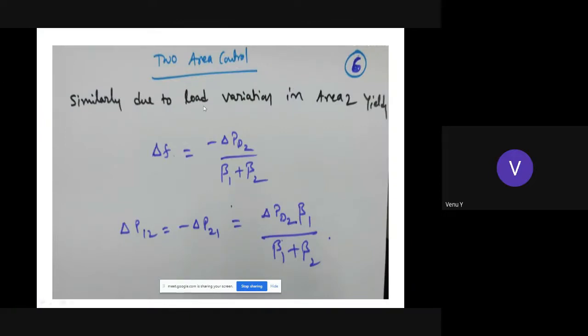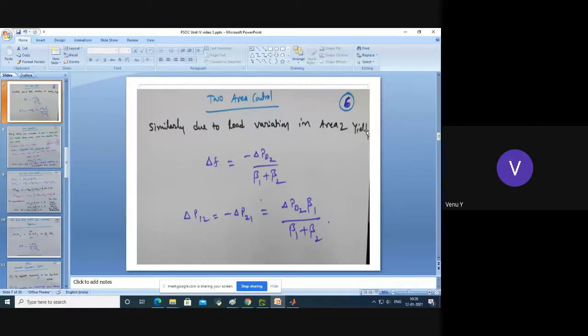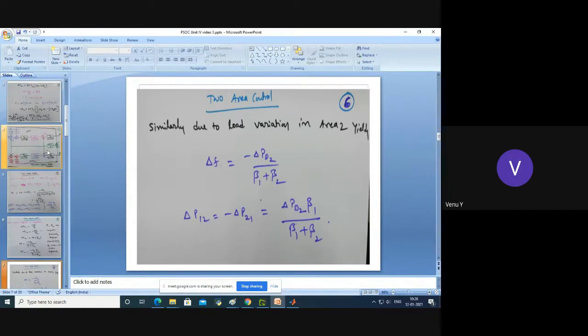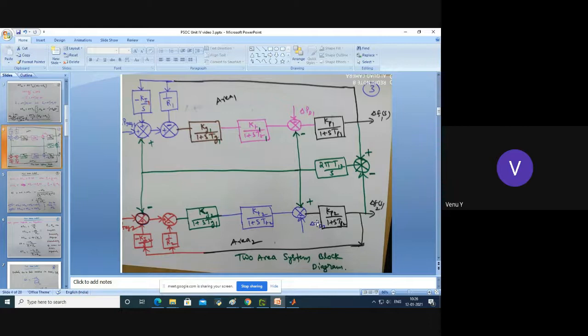Similarly, let us consider the load variation in area 2. So that is delta F equal to minus delta PD2, the change in load in the second area, where delta PD1 is kept constant.